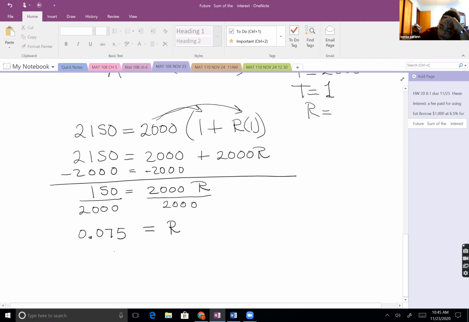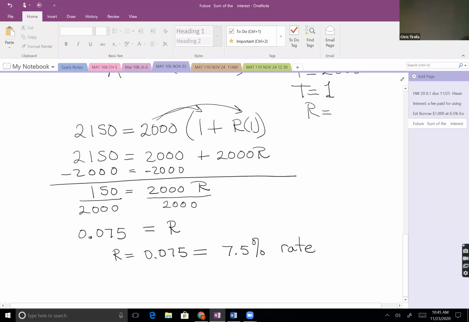Yes. And so if R is 0.075, can everybody see that my rate would be 7.5%, changing it back into percent? And that's one type of problem you might see.